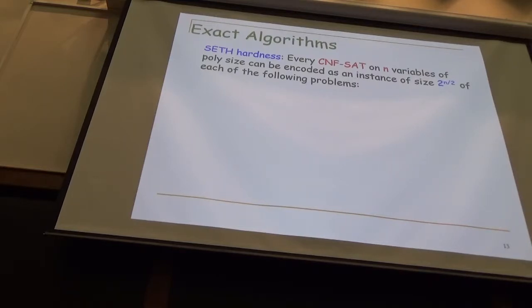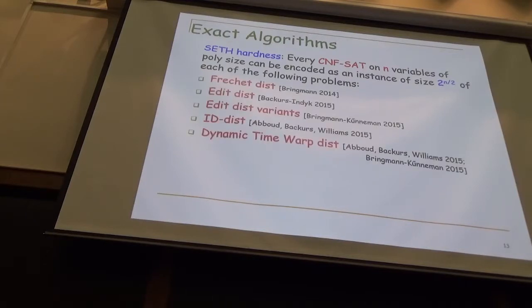So you'll take your SAT problem on n variables and encode it by a pair of strings of length 2 to the n over 2, where computing the edit distance, if the edit distance is small enough, below some threshold, then that means the formula is satisfiable, and if it's large, then it's not satisfiable. Now, there are such encodings for all these problems.